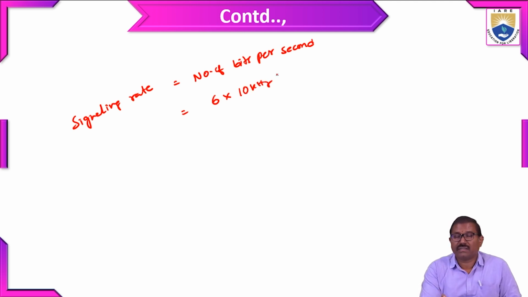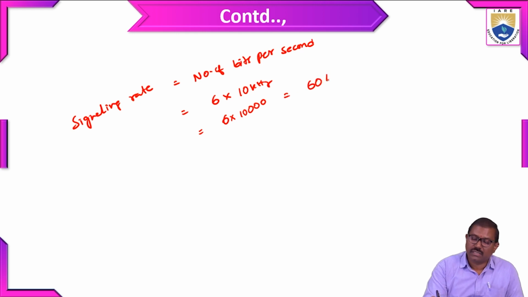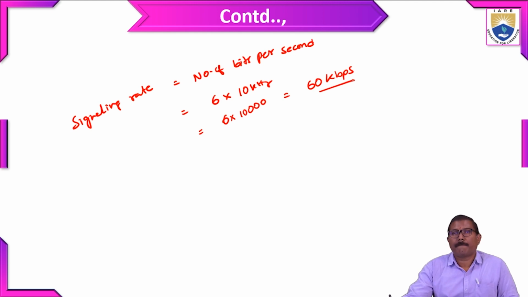So the number of channels and at what sampling frequency. So 6 into 10 kilo bits. Here you can write 60 kbps, 60 kilobits per second. So that is the signaling rate. 60 kilobits are transmitted per second.